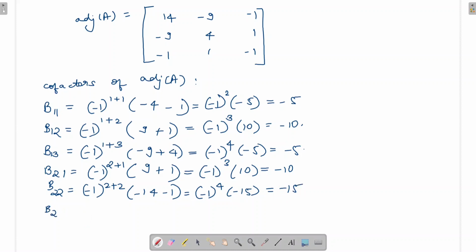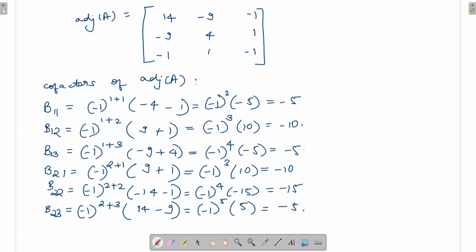Then B23, which is equal to minus 1 raised to 2 plus 3, right? So second row and third column we have to delete. So 14 minus 9. Okay, so what we will get is minus 1 raised to 5 times 5, which is equal to minus 5.